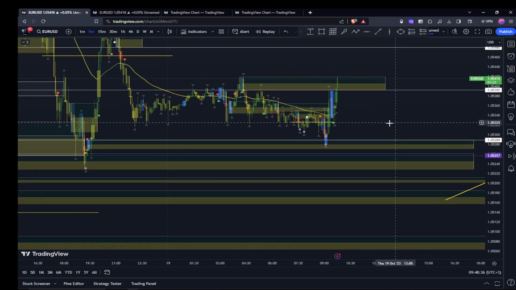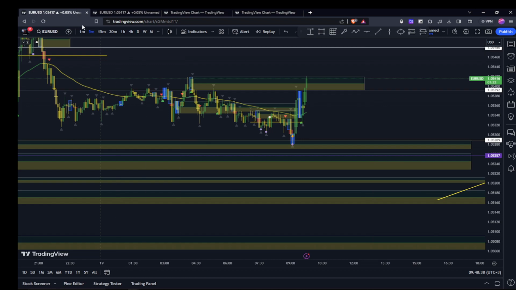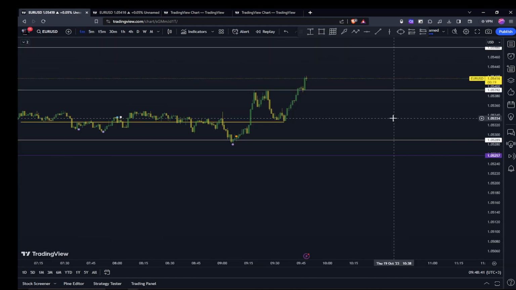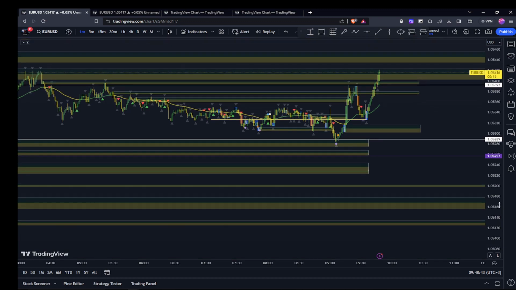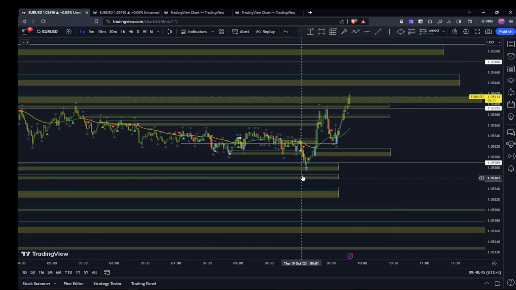And as we look here on the 1 minute, what I saw is that the market had created the three control.